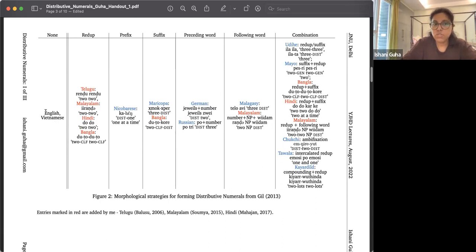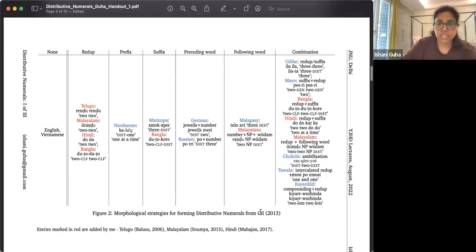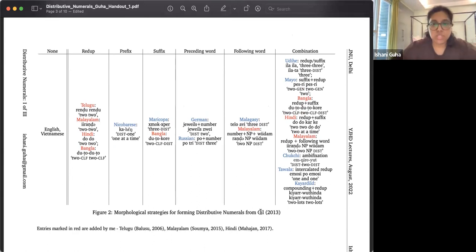And this view that Gill has proposed in the Wall's entry is not actually accepted widely. There are people who consider things to be distributive numerals, adnominal distributive numerals, in English. Okay, so still, to stick to Gill's entry.